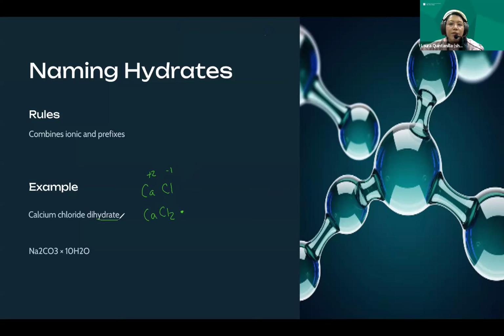And then the way you notate it is with a little circle like that. Hydrate, we're going to be referring to water. So that's H2O. And then di, we learned earlier, is the prefix for 2. So this would be the compound formula for that hydrate name. Okay. And now we're going to go opposite, from the formula to the name. So Na is sodium.